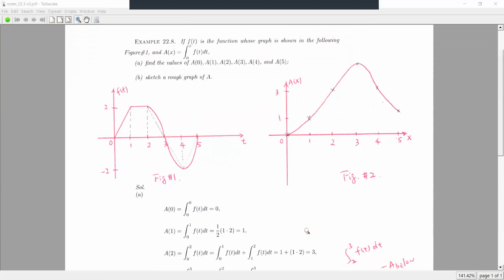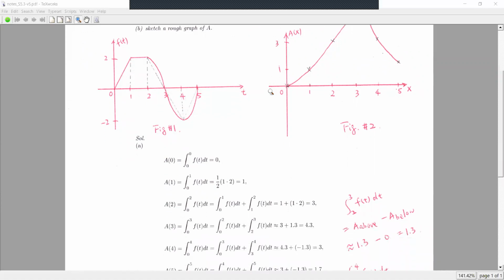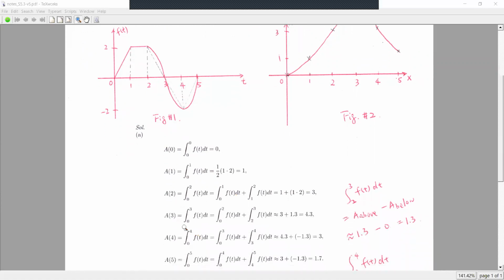Now, A of 4. Plug in 4 for x, then A of 4 is this integral. Write this integral as the integral from 0 to 3 plus the integral from 3 to 4. The integral from 0 to 3 is 4.3.